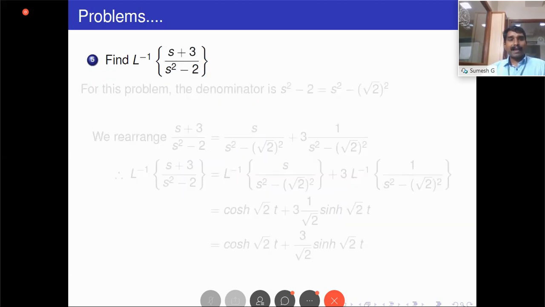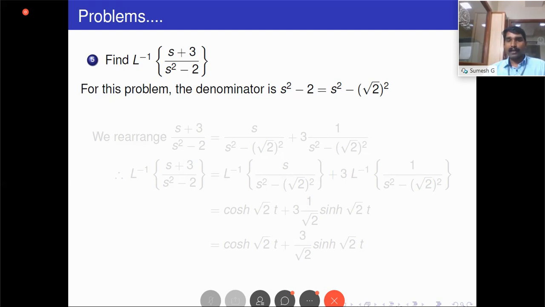Find L inverse of (s + 3)/(s² - 2). Here also, first consider the denominator. Here it is s² - 2. s² - 2 can be written as s² - (root 2)².